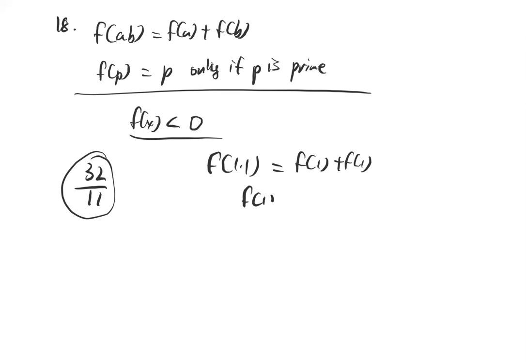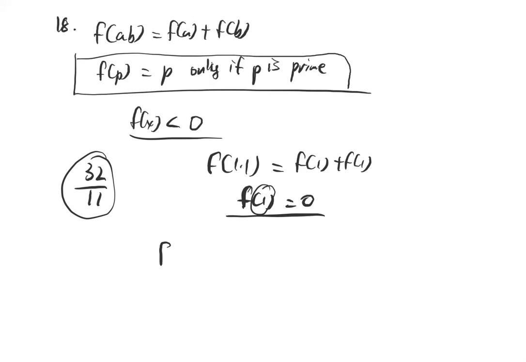Obviously f(1) is 0, and this is a very important initial value. After some time, you want to make use of this f(1) value, and also the second condition.